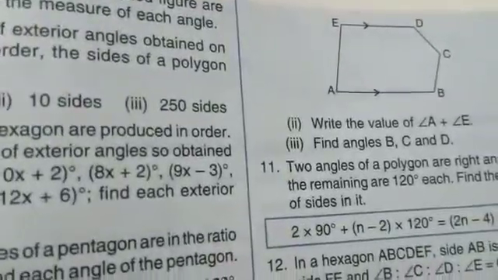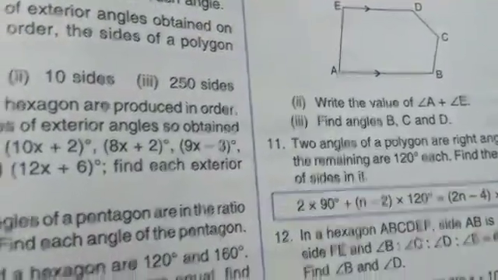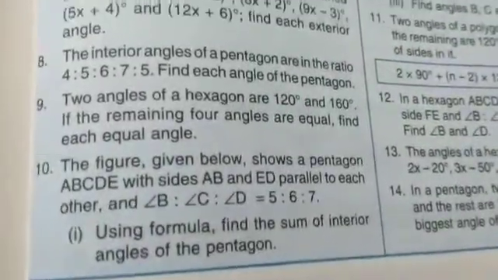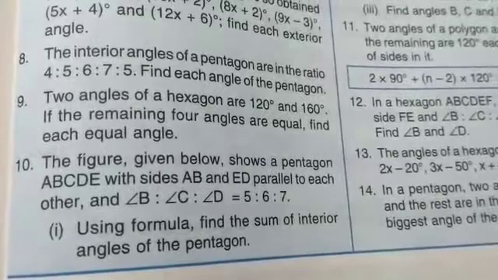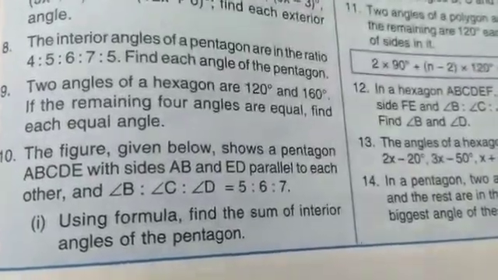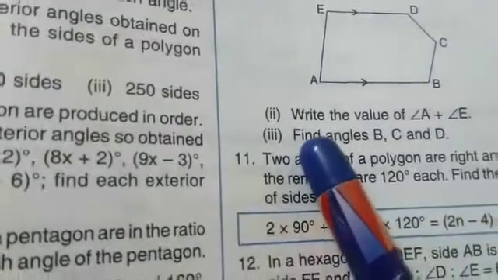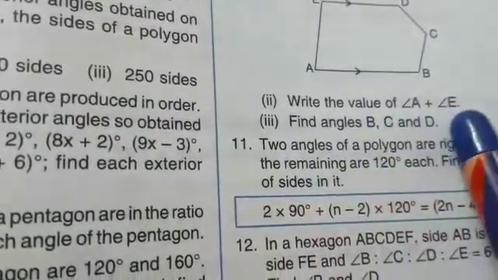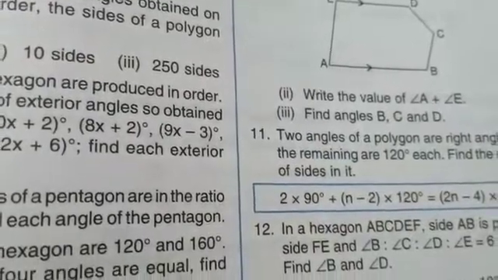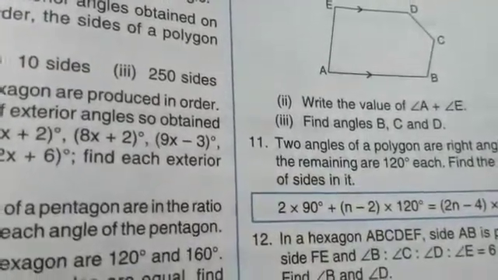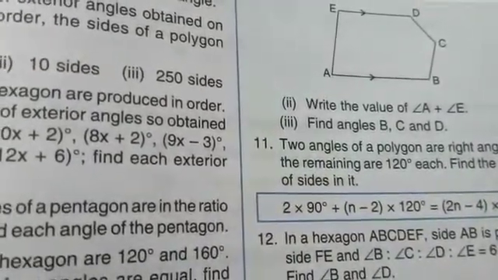So one figure is given, you can see. Now what to find? Subpart 1, using formula, find the sum of interior angles of the pentagon. Subpart 2, write the value of angle A plus angle E, and subpart 3, find angles B, C and D.